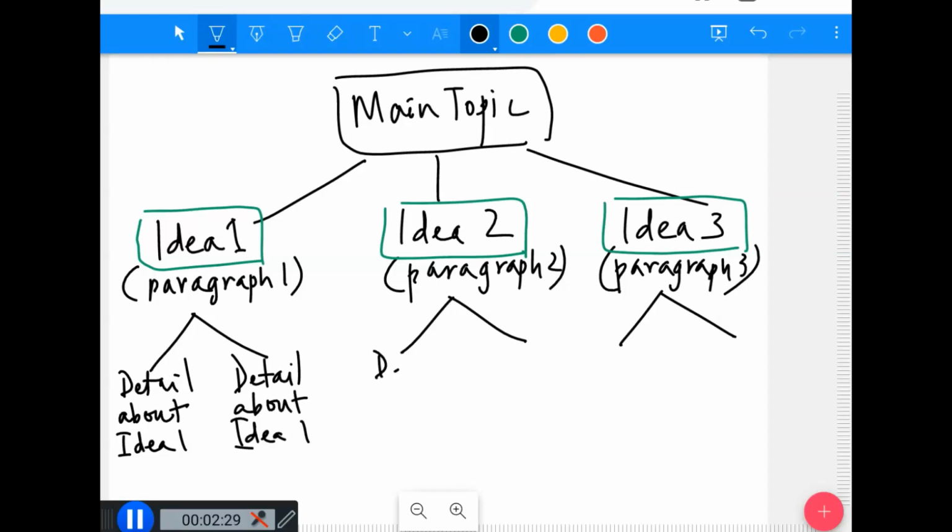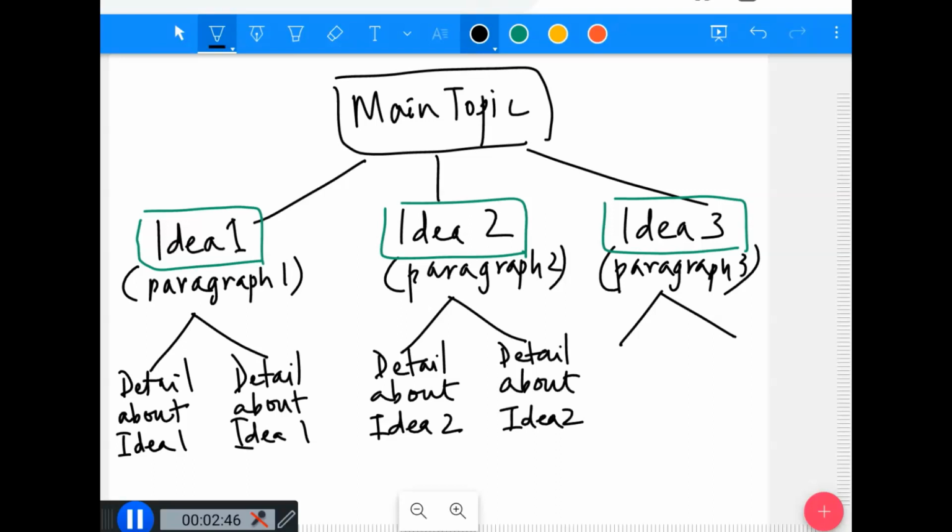We do the same thing for the second idea, which is the second paragraph. So we talk about at least a couple of different things that are related to the second idea. And we go on and do the same thing for the third idea.